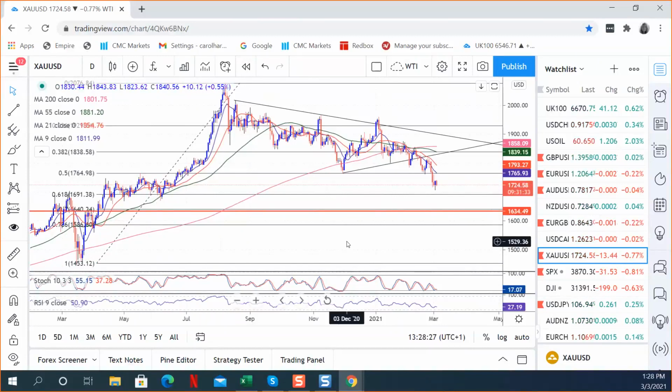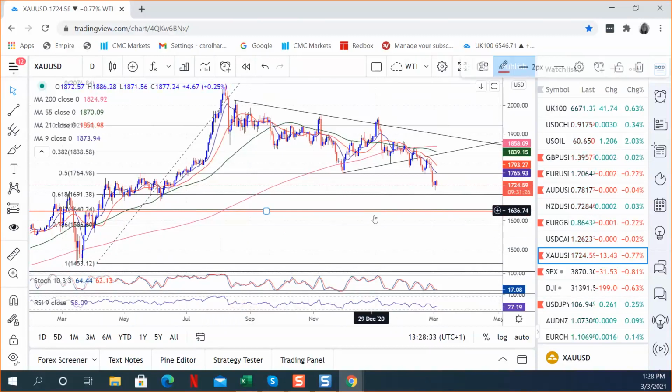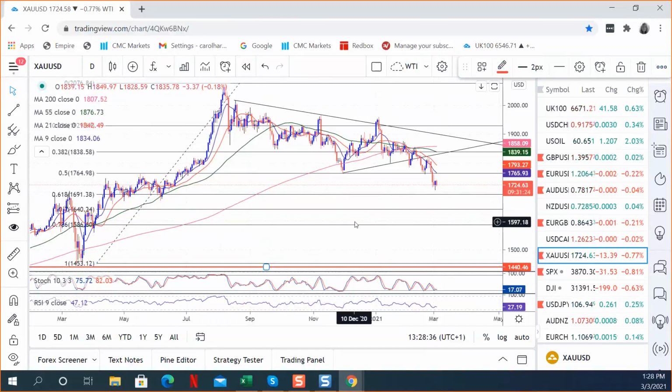So magnetically speaking, right, let me just move that little one down there. There you go. Magnetically speaking, the market has an area which it's going to aim for. Now, people ask me, and they do, how did you know?